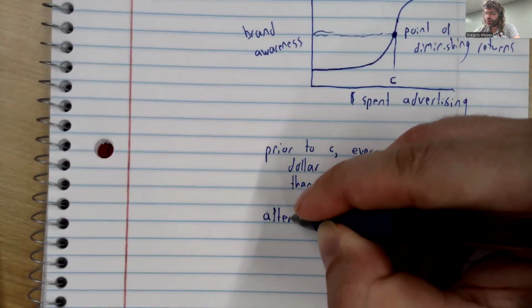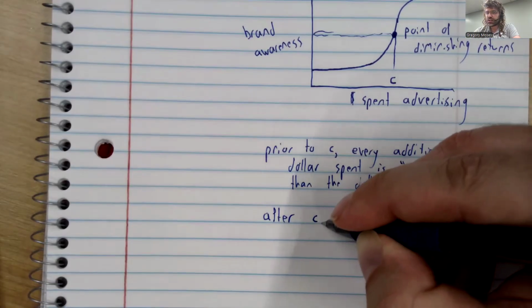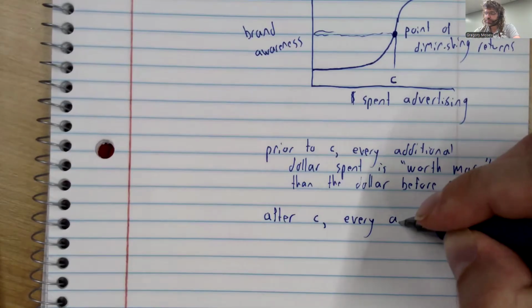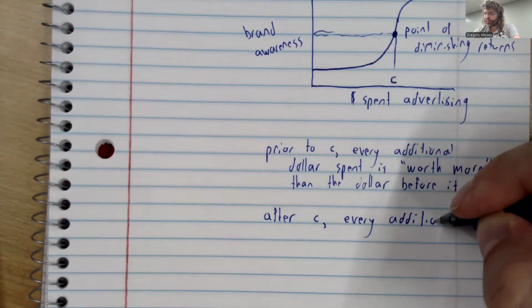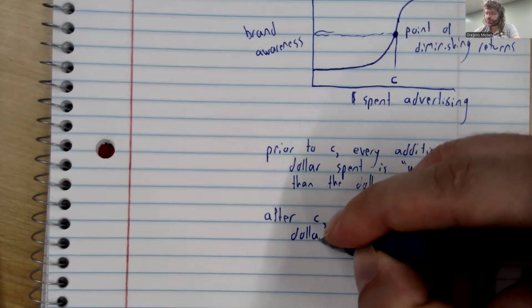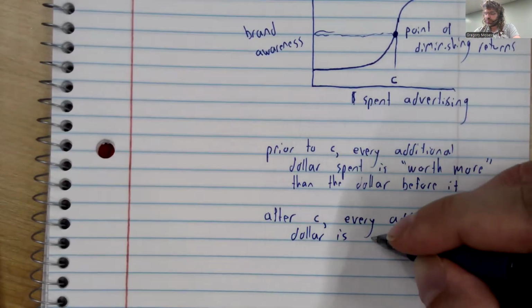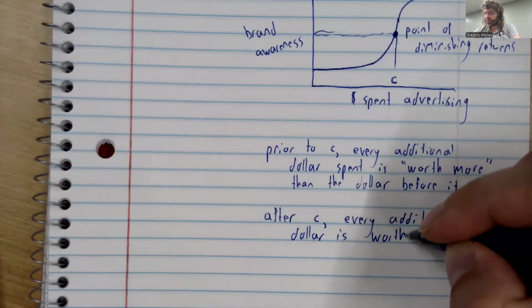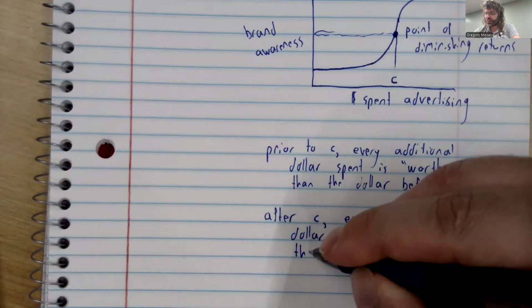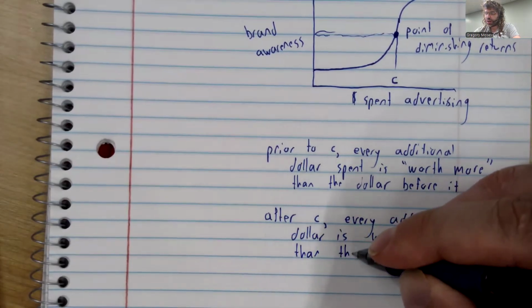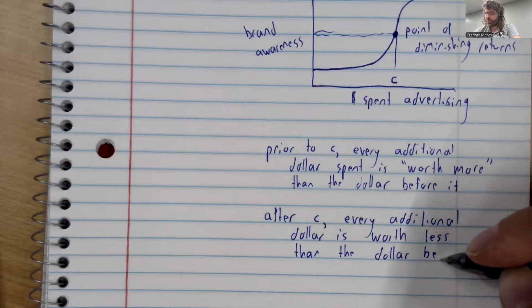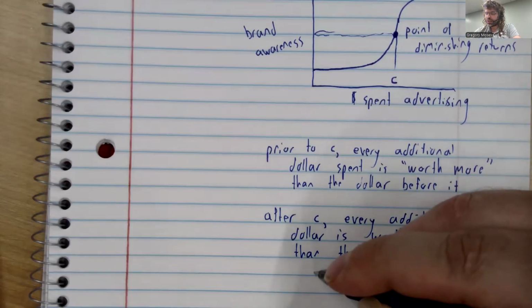After C, every additional dollar is worth less than the dollar before it.